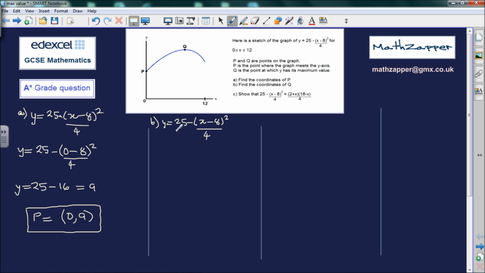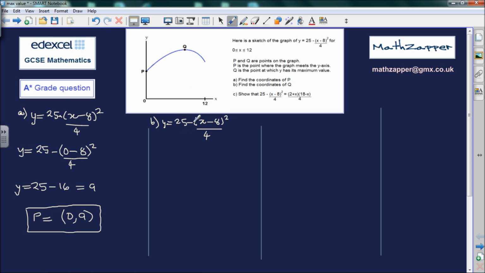With this one, we've got to realize that 25 has to be the maximum value of y, because it doesn't matter what value you put into x, whether it's negative or positive, when the contents of the brackets are squared, it will give a positive answer, and therefore it will be a number that's going to be divided by 4 and then subtracted from 25, making the value of y less than 25. So we need a value that is going to be equal to 25.